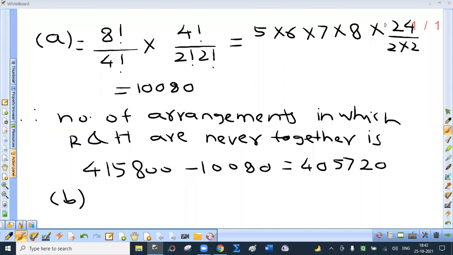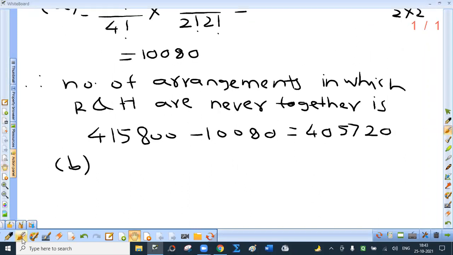Now in the B part, what is asked? All vowels are together. Let me explain first and then I'll dictate the solution. Tell me how many vowels. In fact, 4 vowels, but each vowel is A. Okay. So we consider these 4 vowels as a single letter. So this letter and remaining 7, that is 8 letters are to be arranged.